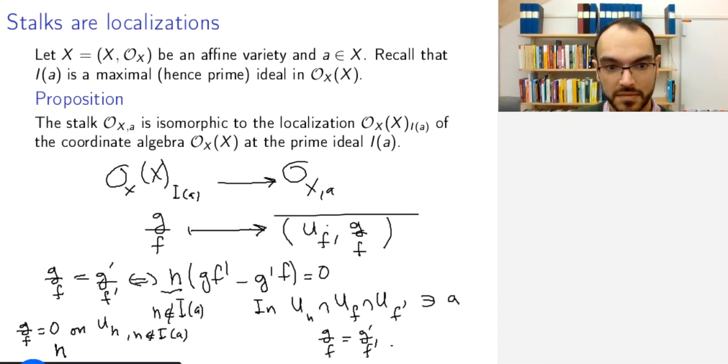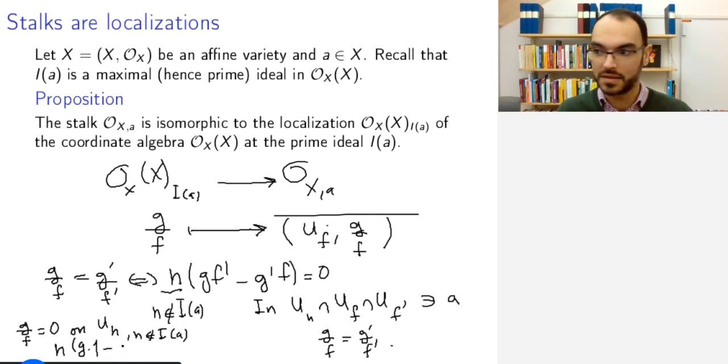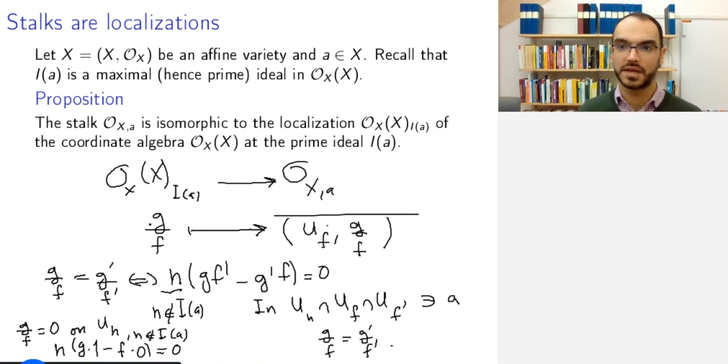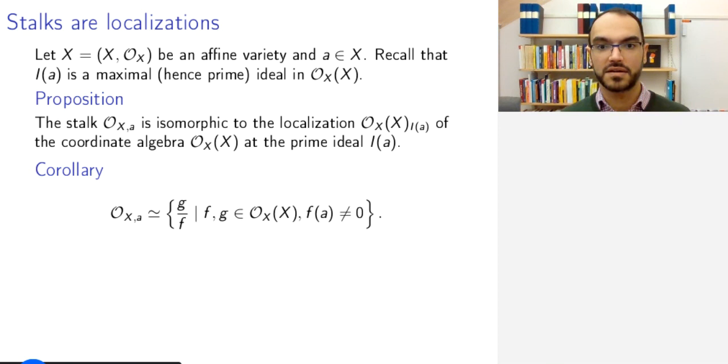Then if you multiply g by h, it will vanish on all of X because you're looking at the principal open set. So writing this as h(g·1 − f·0), you get something that is 0 everywhere. And so this means that indeed g divided by f is 0 in the localization. So again, the notion of localization with respect to the prime ideal corresponds to the thing we want in geometric terms.